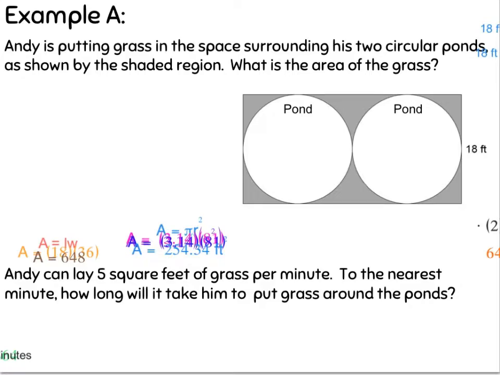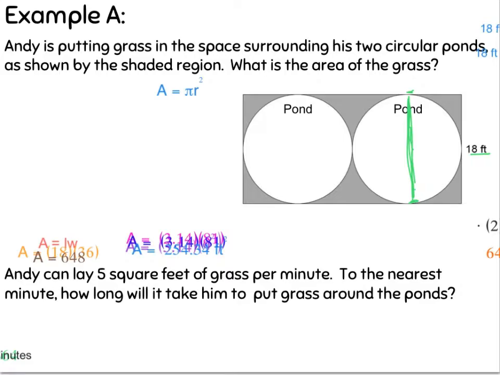I know my area formula for a circle is A equals pi r squared. But I need to figure out what the radius is, and right now I don't have any measurements of my circle to help me. The good news is that the ponds go from one edge of the rectangle to the other. So if the width of the rectangle is 18, that means going all the way across my pond in a straight line down the middle will also be 18.